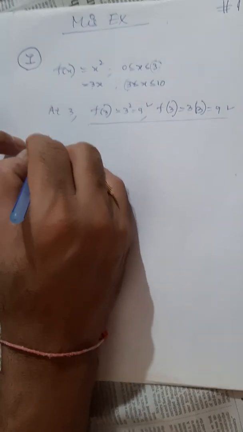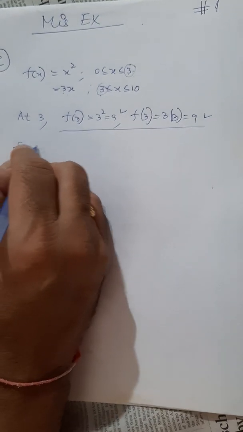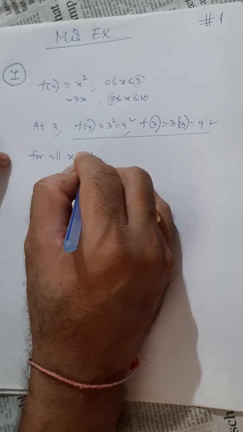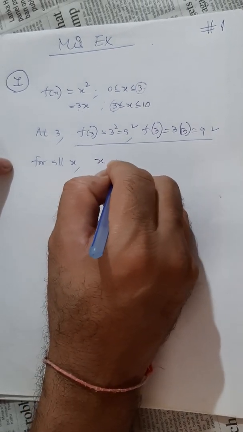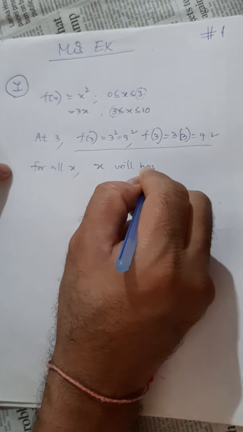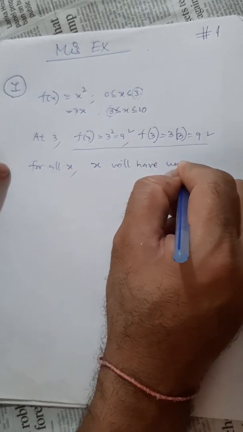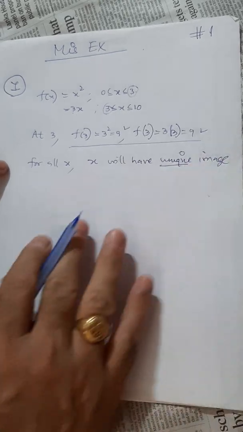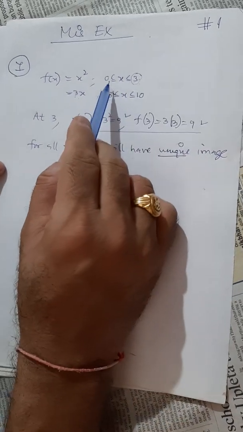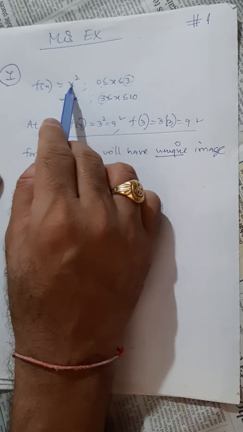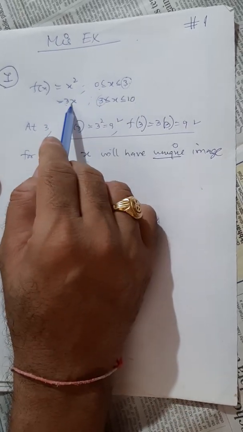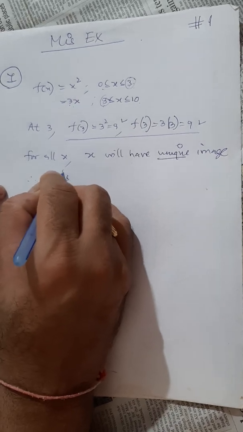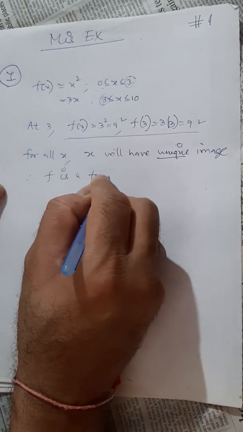For all x in the domain, you can notice that x will have a unique image. For the other points that's not a question. If I choose any number, you square it, or it is just 3x. So f is a function here.